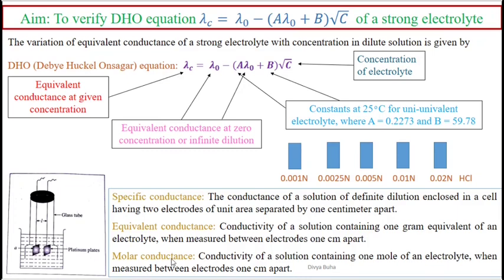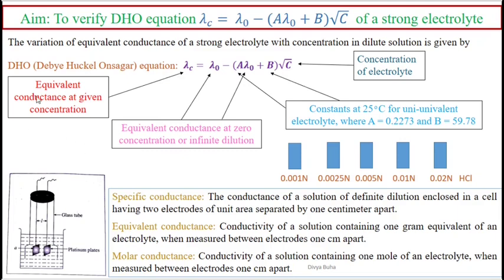Now the next one is the molar conductance. If you dissolve 1 mole of an electrolyte in a solution, and measure the conductivity of the solution by electrodes which are 1 centimeter apart, then the conductance you measure is referred to as the molar conductance. So these are three different terms which are very important to understand.